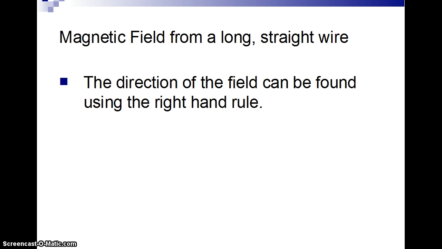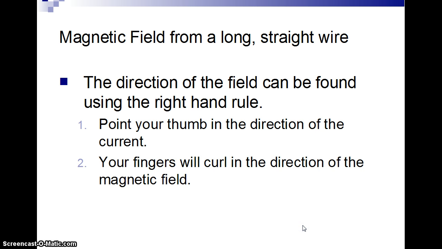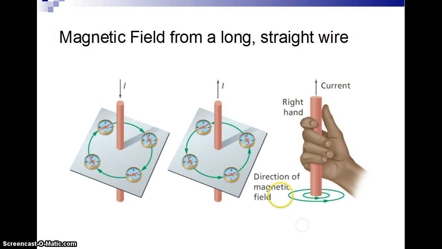This one you take your thumb and point it along the direction of the current, and then if you curl your fingers around, you'll be able to see the direction of the magnetic field. Basically, the current's going in one direction, it curls around clockwise. If it comes back out the other direction, it'll go counterclockwise. So you put your thumb in the direction of the current and your fingers curl around in the direction of the magnetic field.